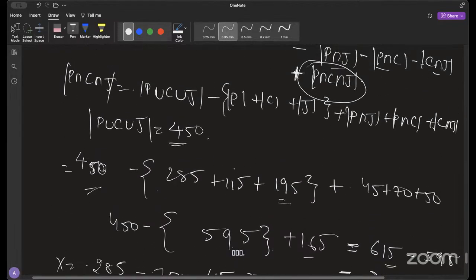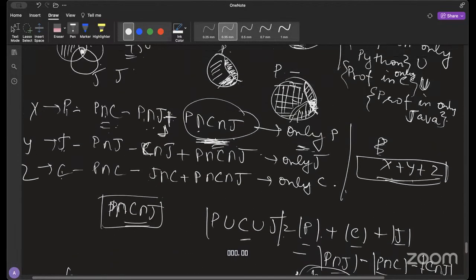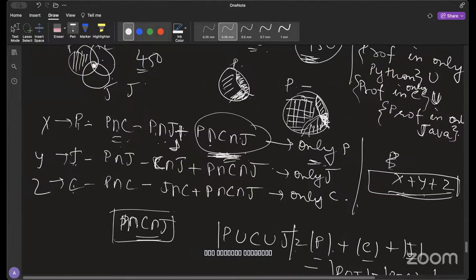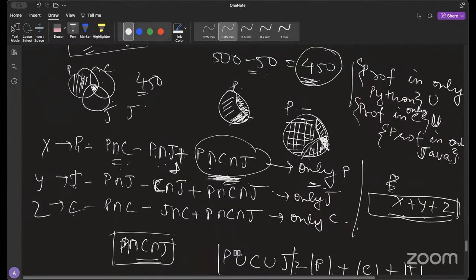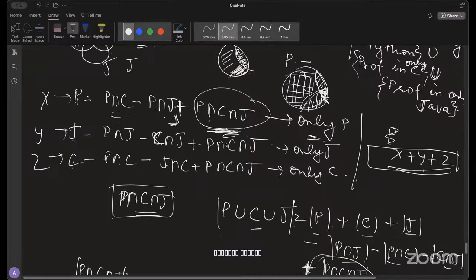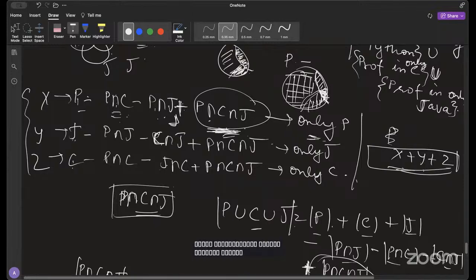Okay. I hope this question is clear to everyone. You have to identify this thing first. Yes, ma'am, it is clear. But why did we add 20 in the last? We've just used the formula, and in the end, we've just substituted the values of these terms.